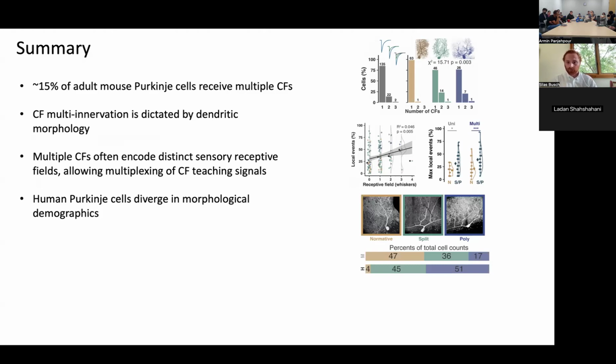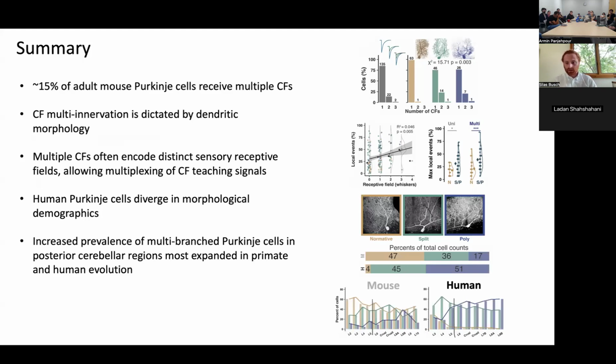The morphological demographics are quite different in the human than in the mouse, and in particular, there is an exaggerated presence of these exact cells that appear to be particularly susceptible to getting multi-innervation and complex branch signaling.